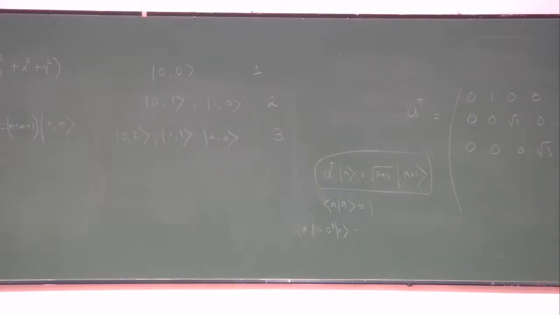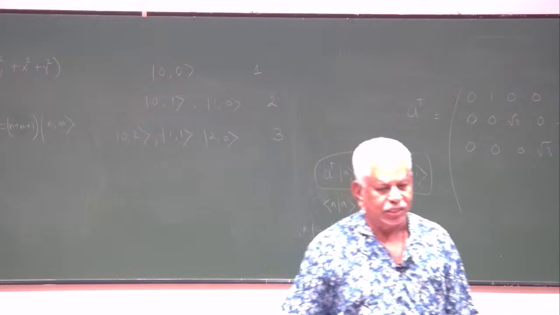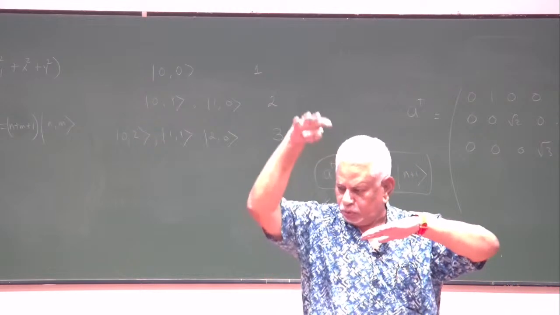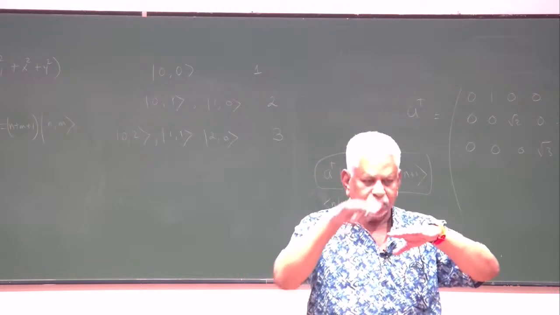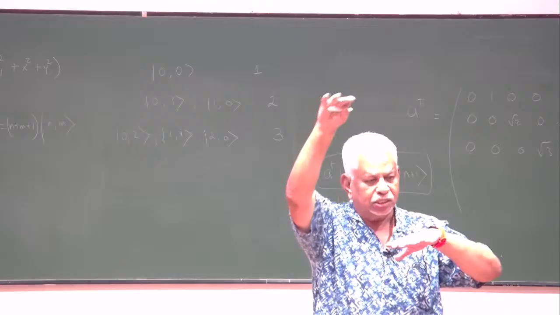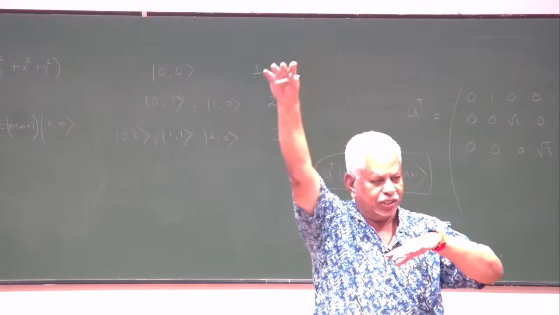Energy eigenvalue 5 will have 5 states, etc. Right? This is what you have. So the degeneracy goes up by 1 each time: 1 state, 2 states, 3 states, 4 states, 5 states, etc.